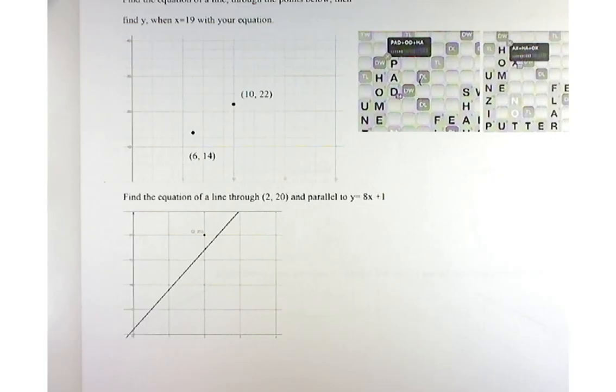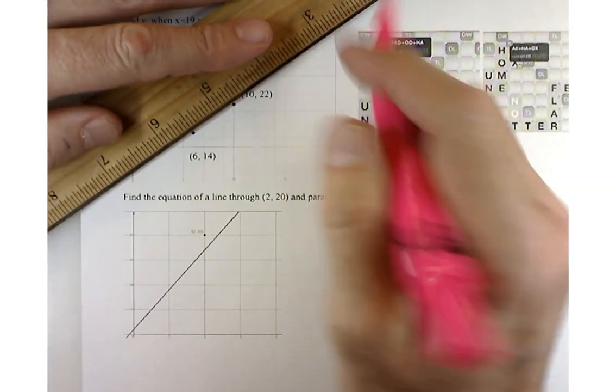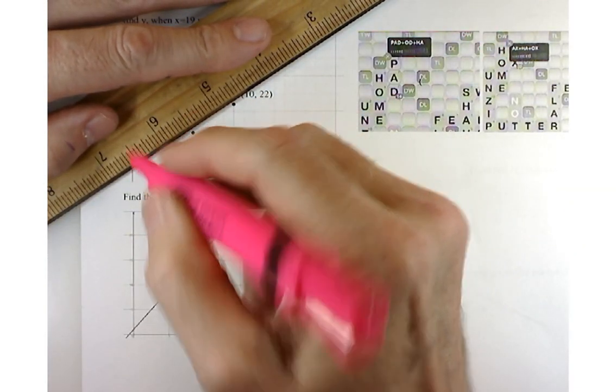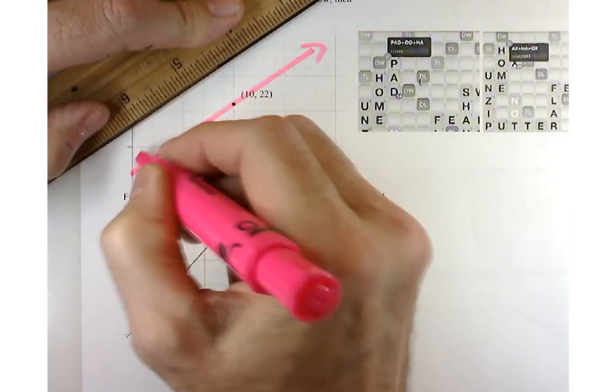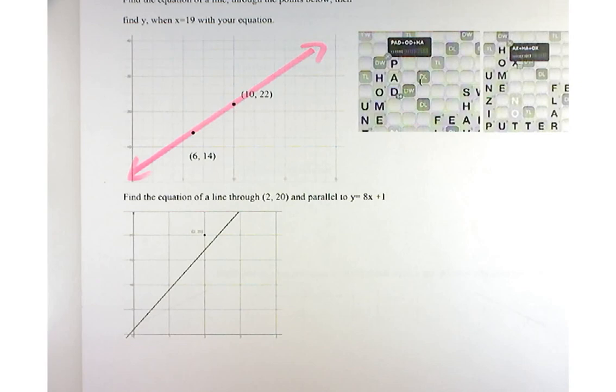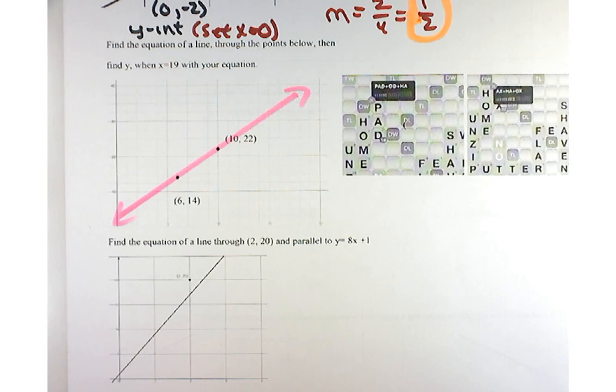So let's see if we can find the equation of a line through these points. That's the first part of this question, but there's a problem.